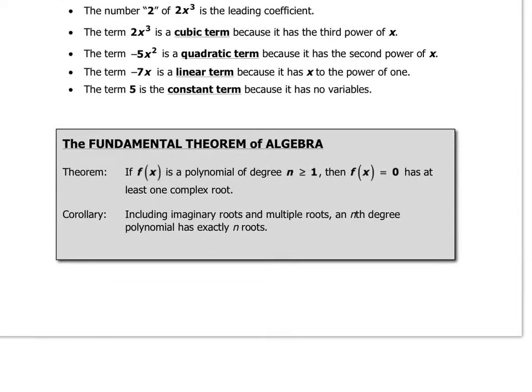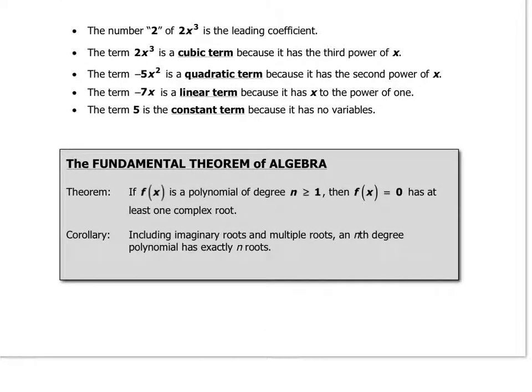So let's take a look at a rule that I want to talk about, and this rule is the fundamental theorem of algebra. This may seem a little bit difficult, but the concept is really very simple. The theorem is: if f of x is a polynomial of degree n greater than or equal to 1, that means the highest power of the polynomial, then f of x equals 0 has at least one complex root.